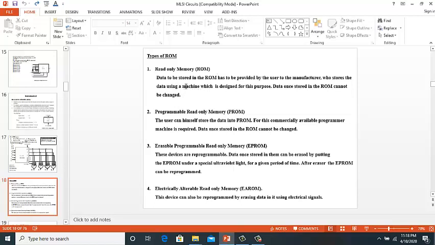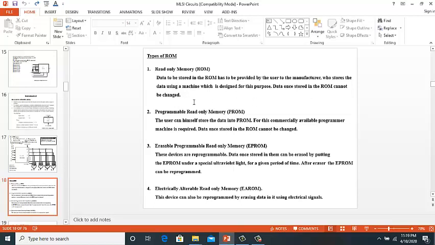Data stored in the ROM has to be provided by the user to the manufacturer, who stores the data using a machine which is designed for this purpose. Data once stored in the ROM cannot be changed.